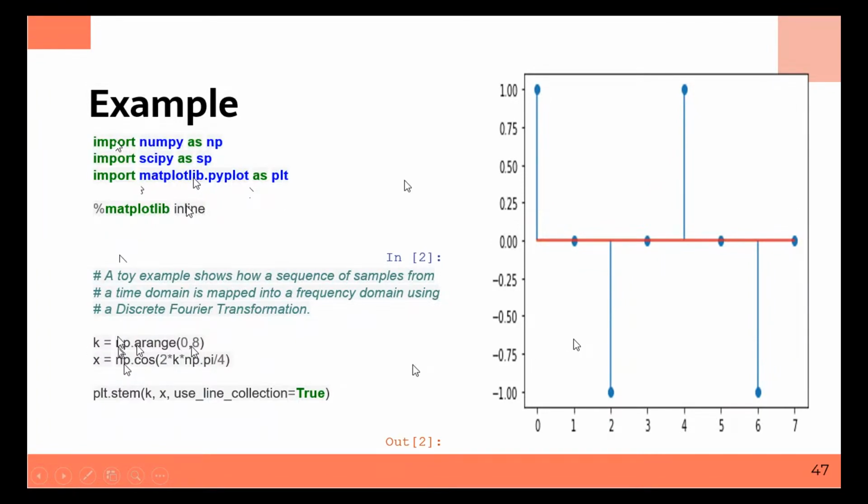And np.cos, then 2 into k, which are my values. That's the pi value. If you know it, you can directly write the pi value. If you want to access it from numpy, you can directly access it from numpy. It's available on the plot here.